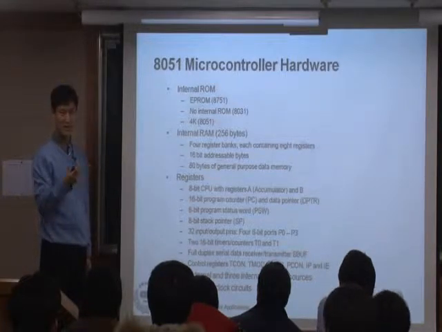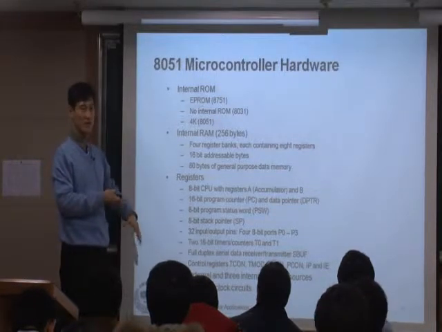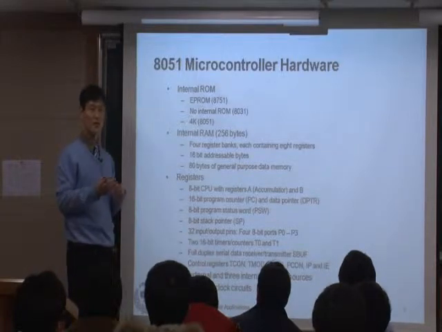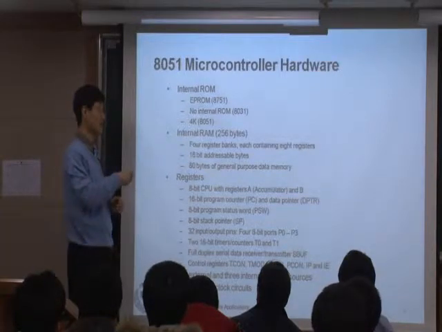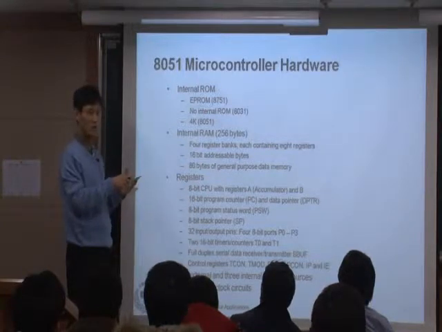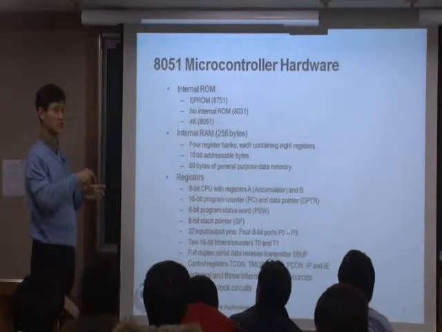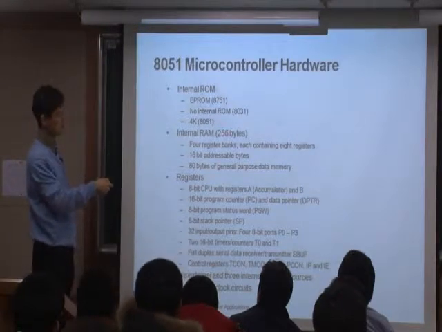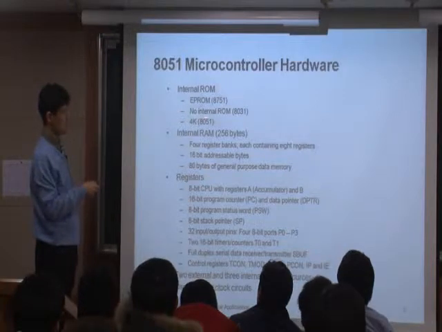As I discussed last week when we looked at the history, this one appeared maybe 30, 40 years ago, and there was no flash at that time. So at that time, you had this much internal ROM, and sometimes no ROM. But these days, we have flash instead. That's another number, still the same family. So we have internal ROM, or sometimes no internal ROM.